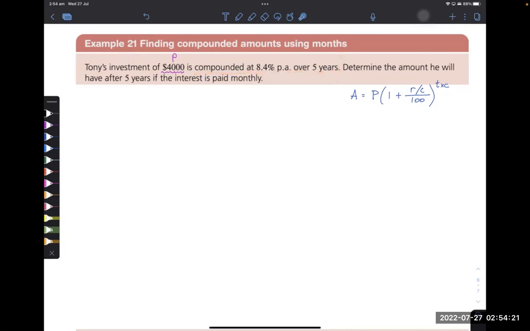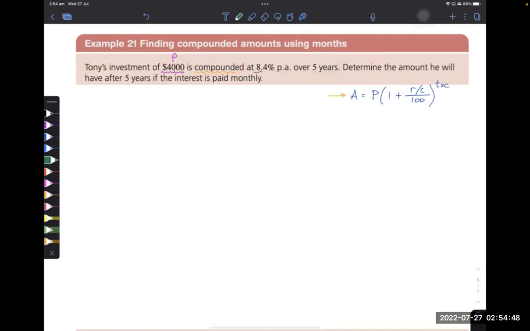There's a lot of information here besides the principal. It also says compounded. So this idea of compounded, we have to focus on this formula, okay? If it was simple interest, then we would have used the other formula, I equals PRT. But it's important that we know that it's compounded instead.